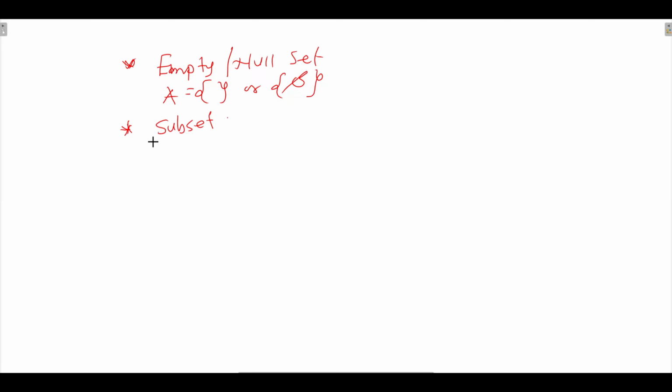So when you're talking about a subset, that means you're having two sets. For example, let me say set A is 1, 2, 3, 4, 5, and B is 3, 4, 5.